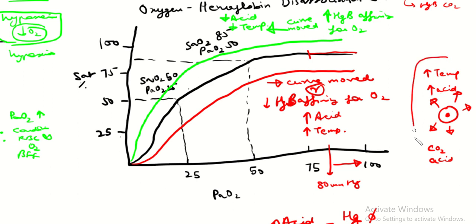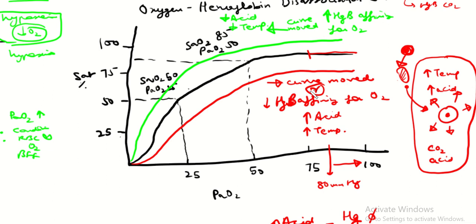So on the tissue level, you have higher temperature and higher acid, so the curve moves towards the right, and hemoglobin's affinity for oxygen goes down. That's what you want. You want the oxygen attached to that hemoglobin to be given to the cell. You want both of them to divorce. That way, CO2 can be picked up by the hemoglobin.